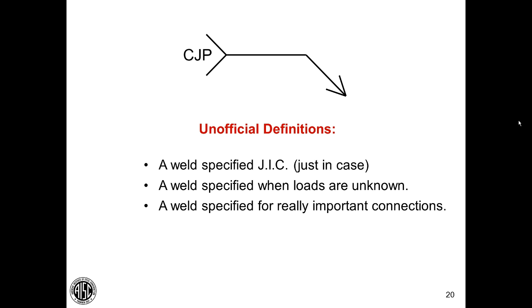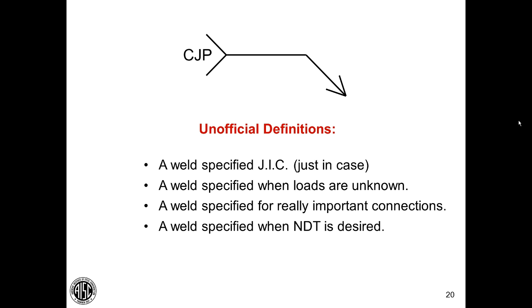My fourth example, a weld specified when non-destructive testing is desired. There are non-destructive testing methods that can be applied to fillet welds and partial joint penetration groove welds. These tend to be surface evaluation techniques, dye penetrant and magnetic particle inspection.